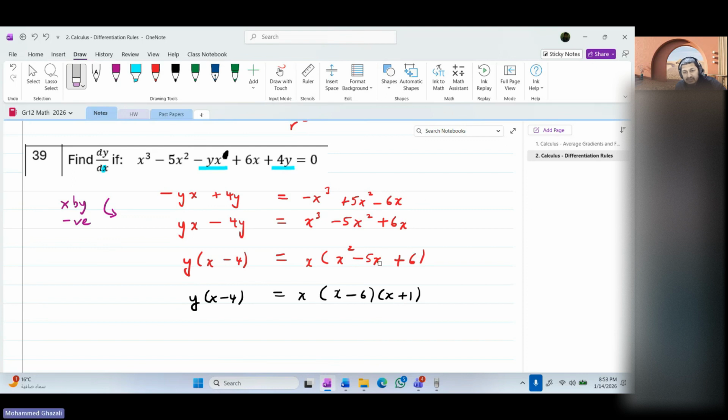That's going to give me minus 5x. It should be minus 6 here. Why did this question go off? Minus 3, minus 2. Yeah, that's perfect, plus 6.